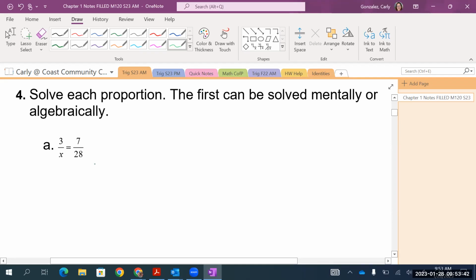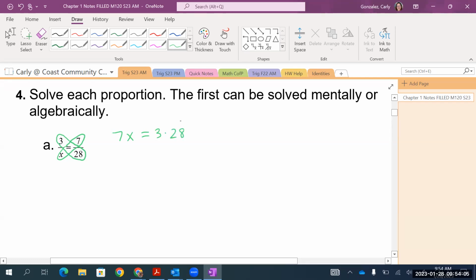One strategy for solving proportions is cross multiplying. So what I mean by that is we can multiply across the diagonals. So 7 times x, or 7x, will equal 3 times 28.